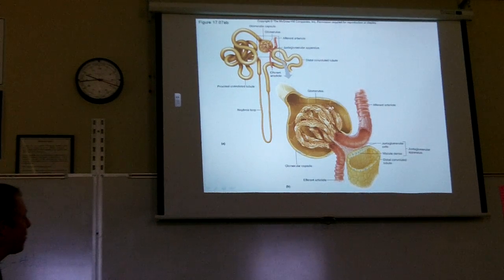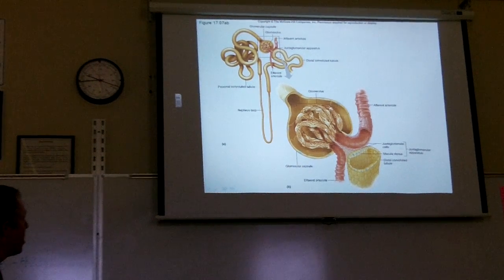The first part of the nephron here is called the glomerular capsule. It surrounds the glomerulus. Here it is up here, seen smaller, I guess. The blood comes in, goes into the glomerulus, and it's surrounded by this glomerular capsule.